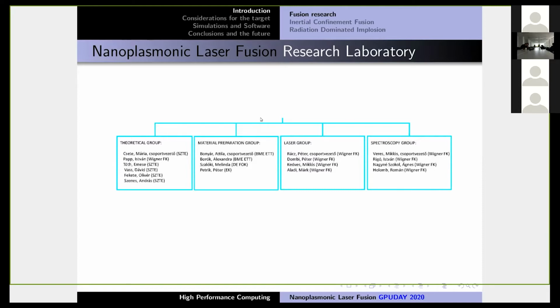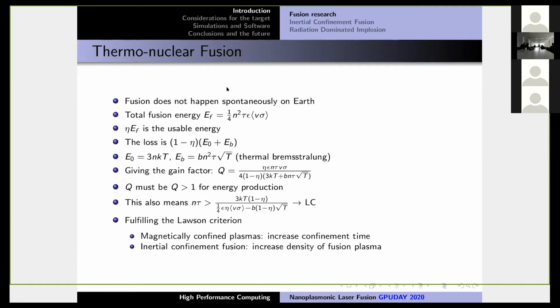The aim of this research is to study nanoplasmonic effects of gold nanoparticles, which will be implanted inside the target. And of course, the very long-term goal is to help in some way the laser fusion research area.